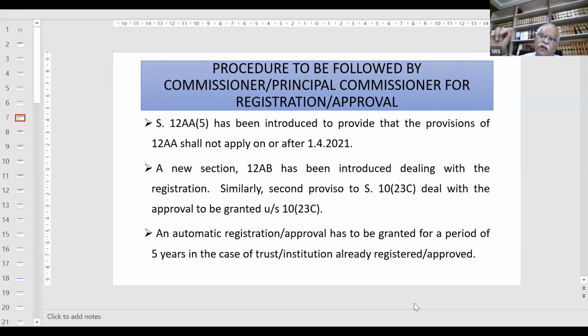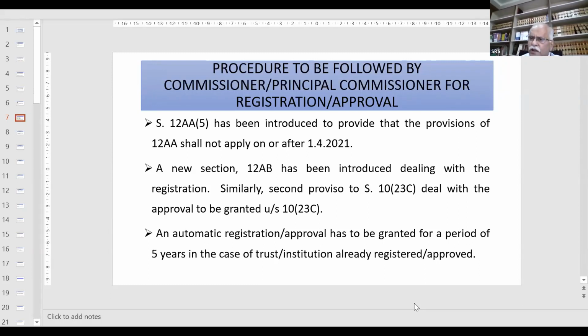When you are seeking a renewal of registration of an existing registered trust, then the commissioner has to automatically grant the approval. He has no role to play on that except to act as an authority granting. He cannot ask for any information.